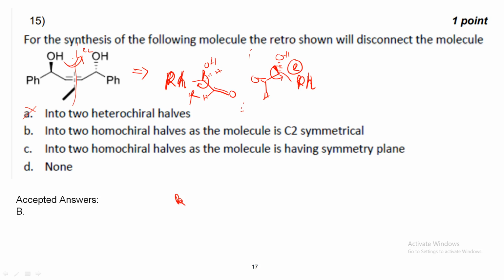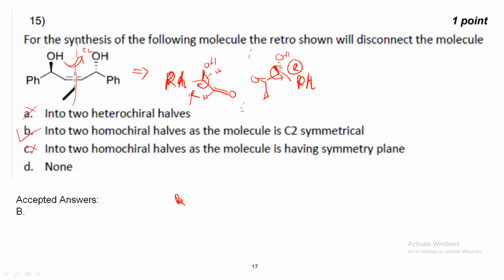Due to the molecule having a symmetric plane, now look at whether it has a sigma plane. A sigma plane cannot be passed over this plane because on one side you will see which is below and on the other side it is above. So a sigma plane cannot be passed between these two. So C you can eliminate. So the right answer would be B.